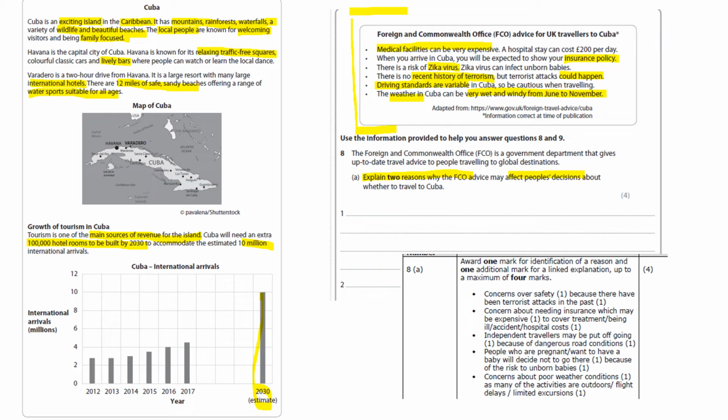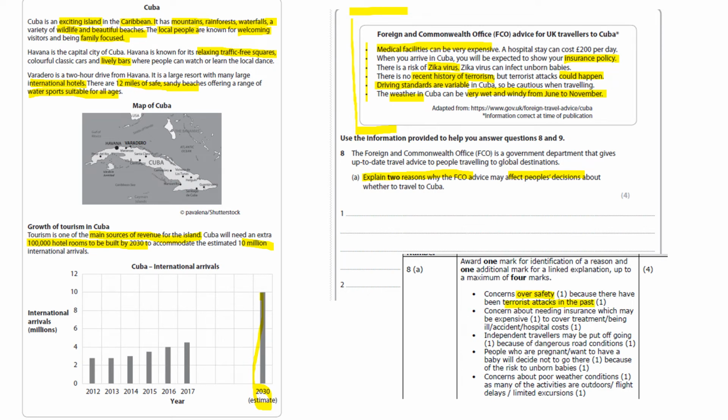So if you go back over what we've read, basically you can use any of these bullet points here, to be honest. So it might be that they're put off because medical facilities are expensive and they need insurance, and that means that they have to pay more, so they're less likely to go. It could be that they're worried about safety because of terrorist attacks in the past.